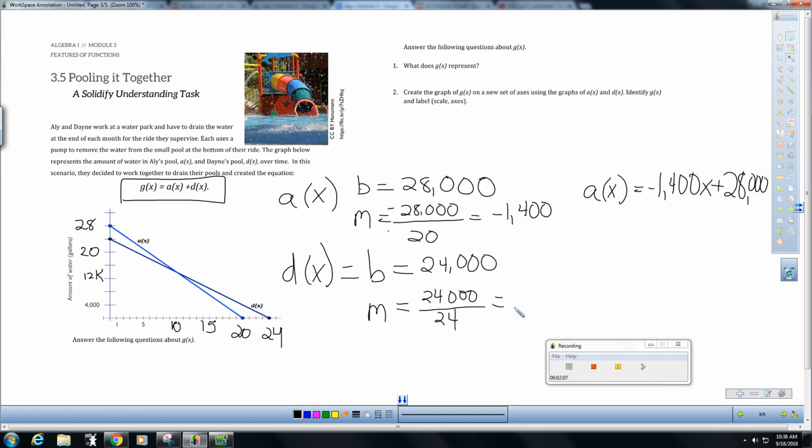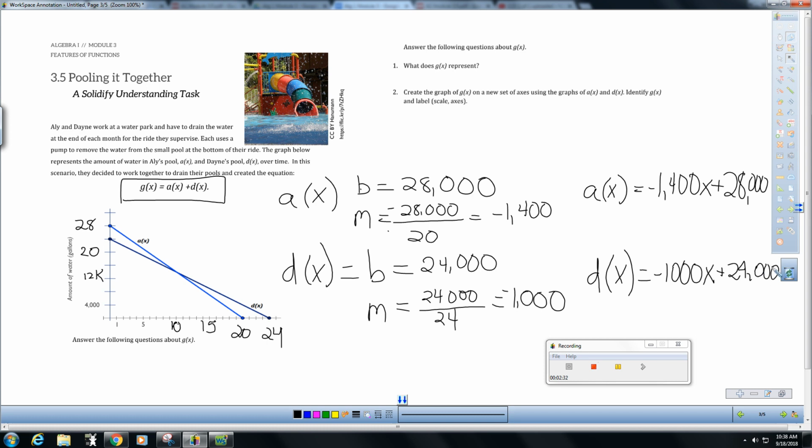So that is negative 1,000 gallons per minute. So d of x is negative 1,000x plus 24,000.